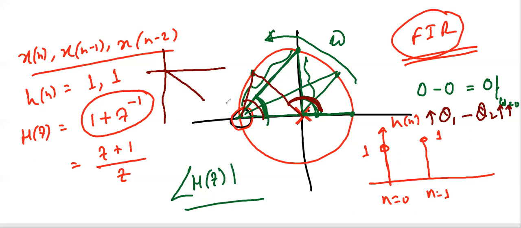And at omega equals pi, what would be the value? Can you tell me what would be the value? Omega equals pi. Just before that, at this point, of course, it is almost 180 degrees.